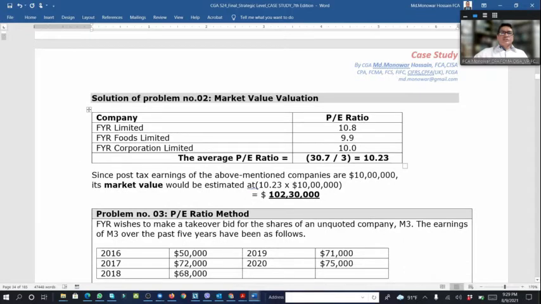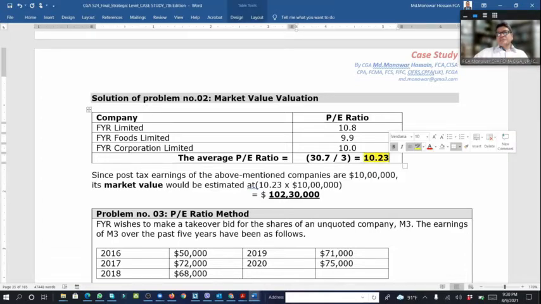So what would be the value? Look here, the average P/E ratio is 10.23, just adding the three P/E ratios and dividing by 3.